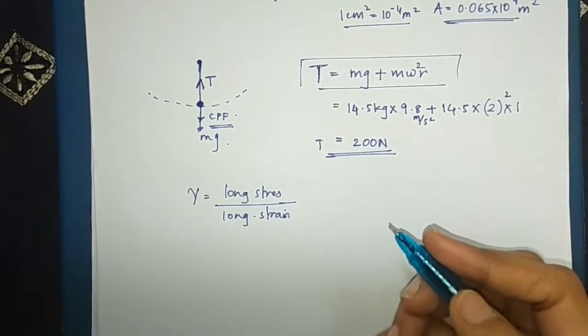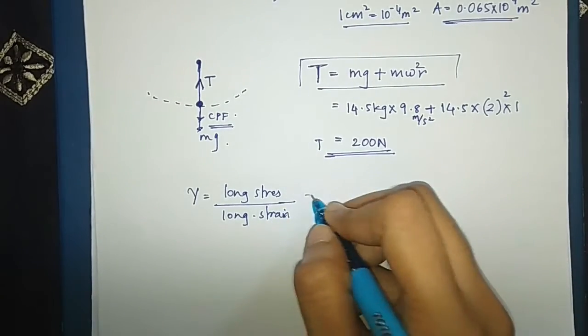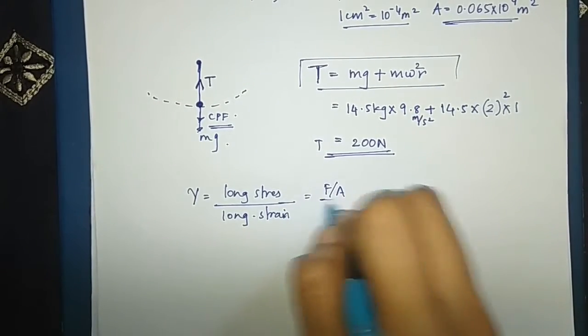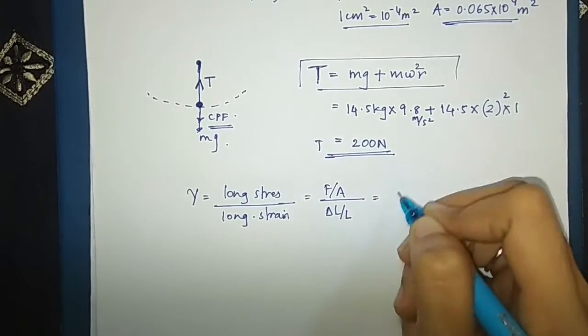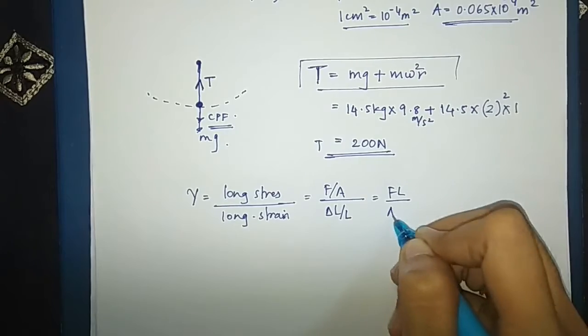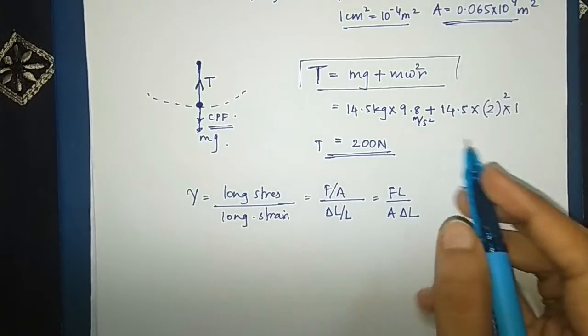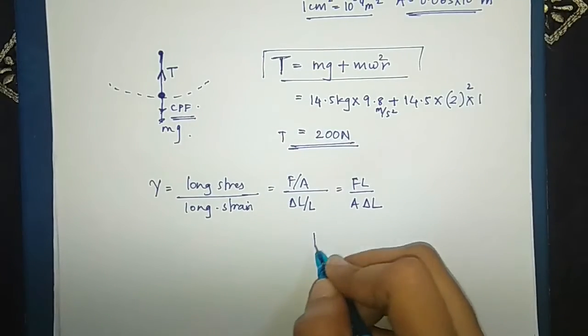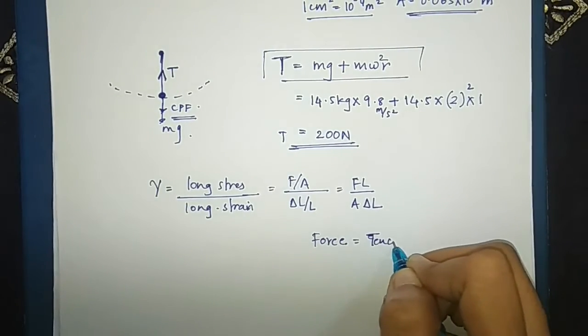Stress is force by area, and strain is change in length by original length, so this is FL by A delta L. The force here is the tension acting on the steel wire.